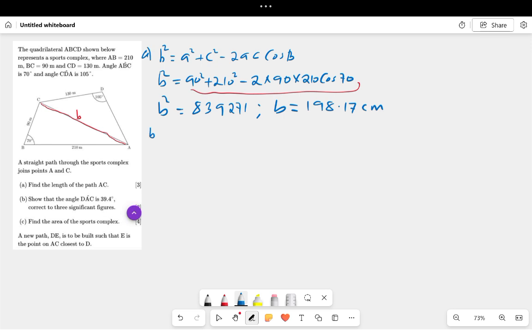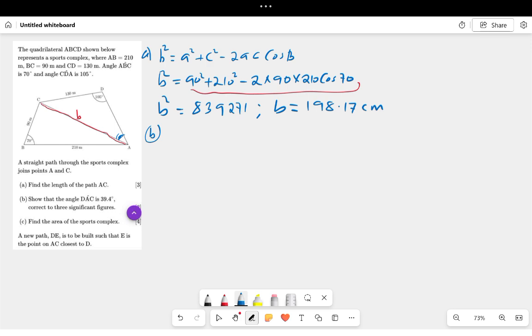Then B, let us look at B. Show that the angle DAC is 39.4 degrees, correct to 3 significant figures. So angle DAC, this is the angle we are going to find. Now, to work out this, we are going to use the sine rule.